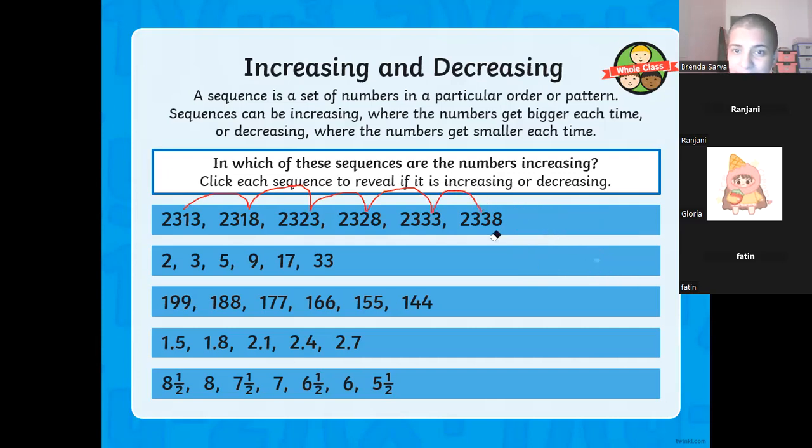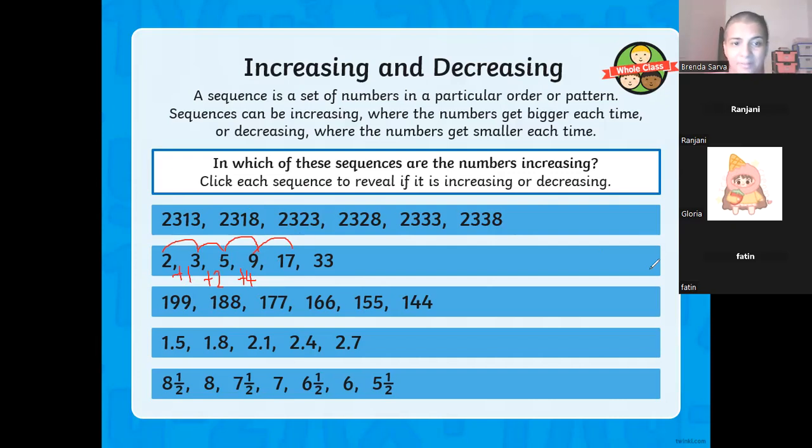But for the second question, you can see 2 to go to 3, it's only going up by 1. And then 3 to 5, it's going up by 2. Am I right? Then 5 to 9, it's going up by 4. 9 to 17. Can you tell me what's the amount it's going up?